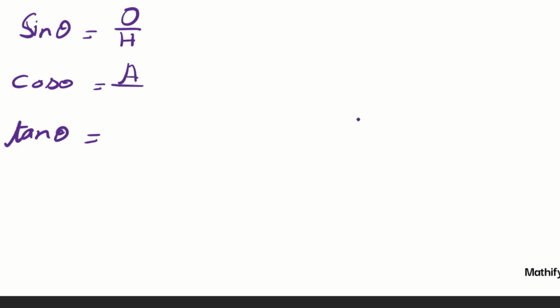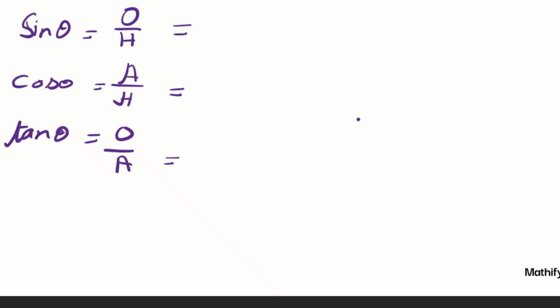So sin theta, cos theta and tan theta. So sin theta is opposite over hypotenuse, cos theta is adjacent over hypotenuse and tan theta is opposite over adjacent.